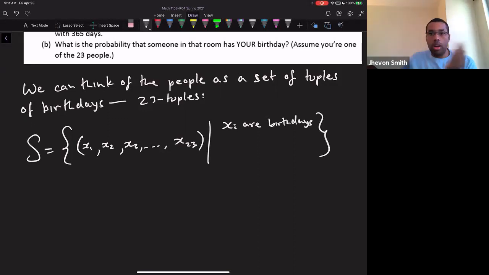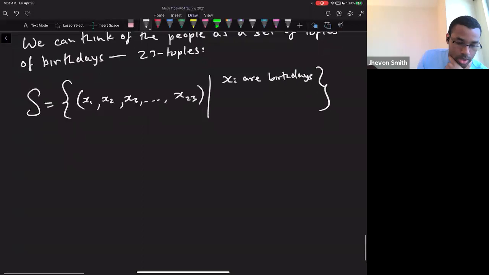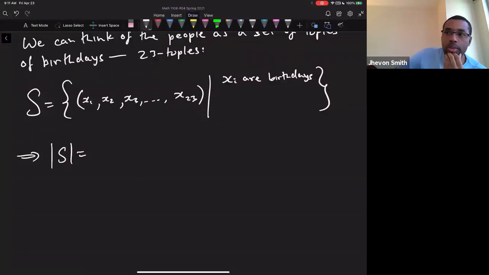Right? Because a repeat could happen, I don't want to think of it as a set of people. I probably think of them as a bunch of tuples, but we have every possible combination of birthdays happening. We actually know a counting principle to deal with that. Whenever you have a tuple of size r and there are n options in each, the number of possibilities is n to the r. In the same way, there are 365 things that each of these x's could be, and there are 23 options.